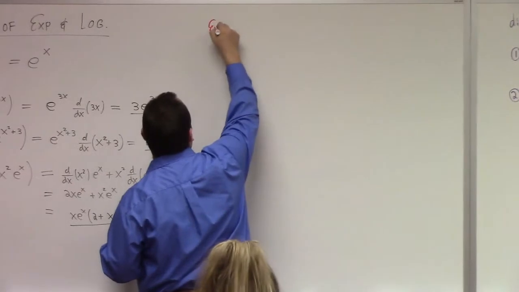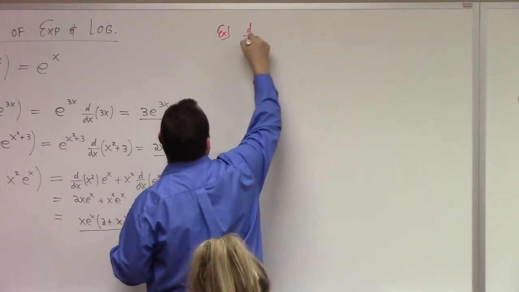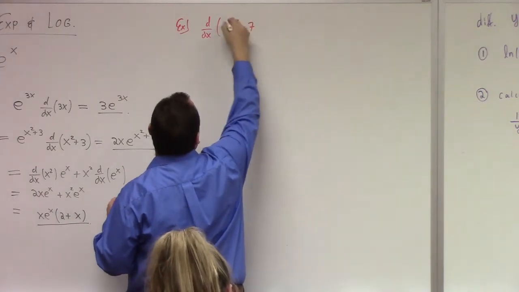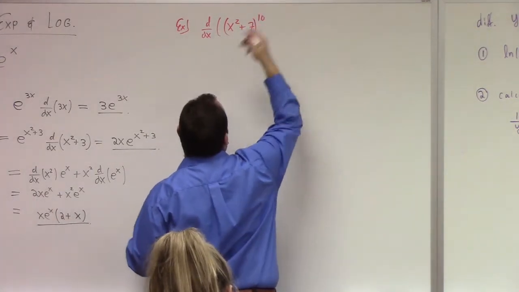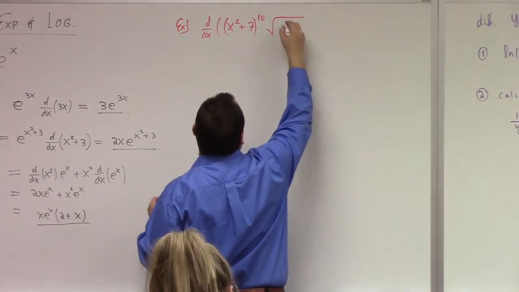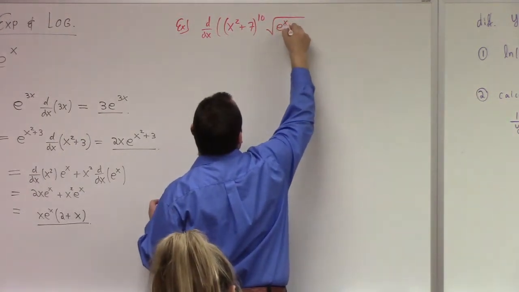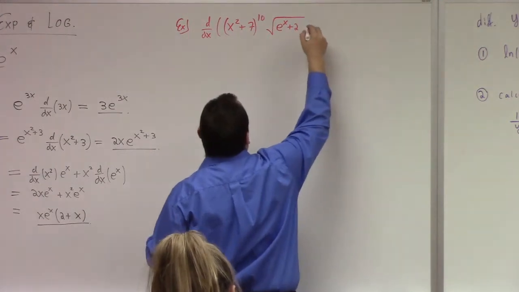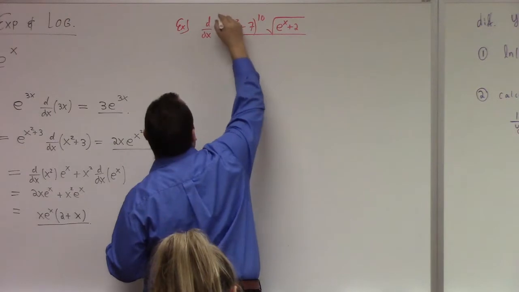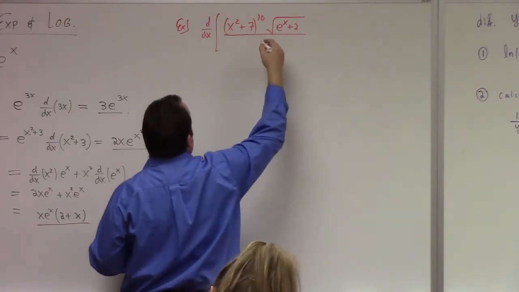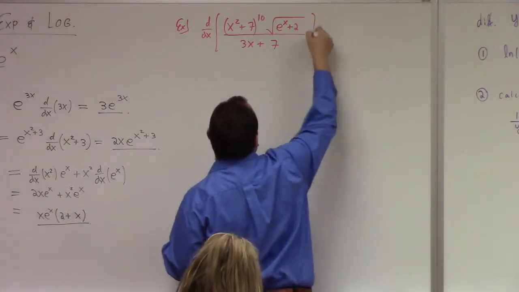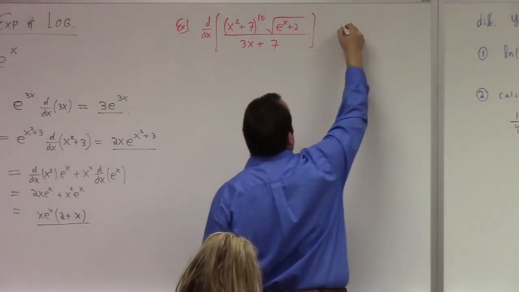So if we wanted to differentiate with respect to x, say, x squared plus 7 to the 10th power times the square root of e to the x plus 2, all divided by, I don't know, 3x plus 7, you could differentiate by log.